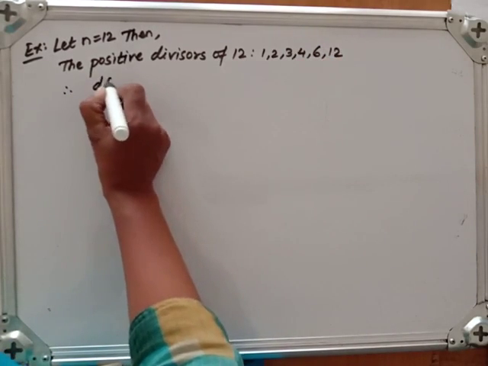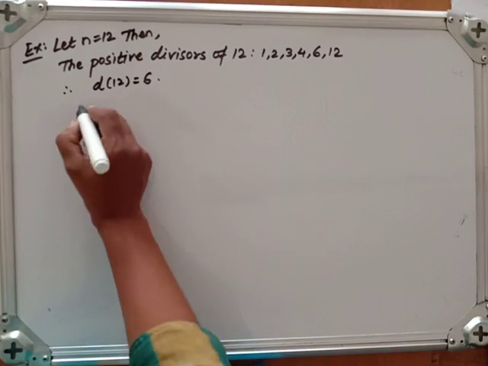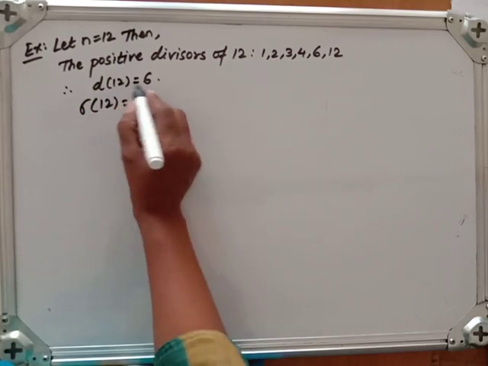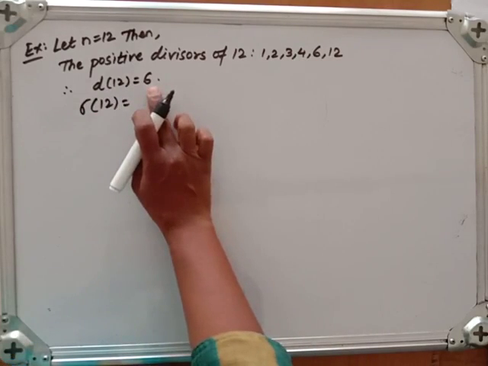Therefore, what do we get? d(12) is equal to 6, because these are the divisors.